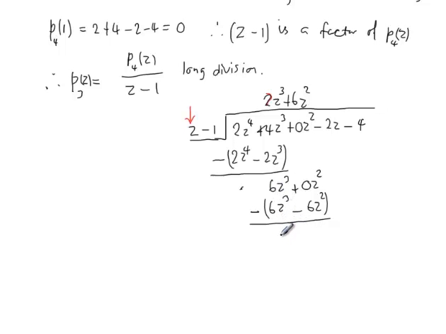Now here I'm saying 6 minus 6 is 0. There's nothing there. We normally put a dot there. Then now it's 0 minus 6, which will give us plus 6z squared. Then I bring down my linear term, which is minus 2z.